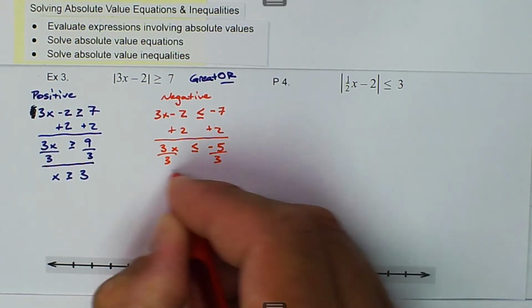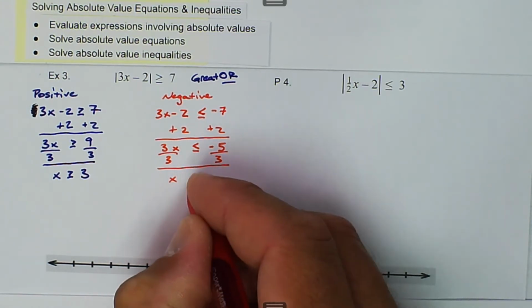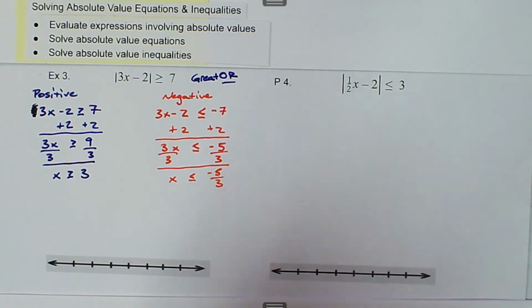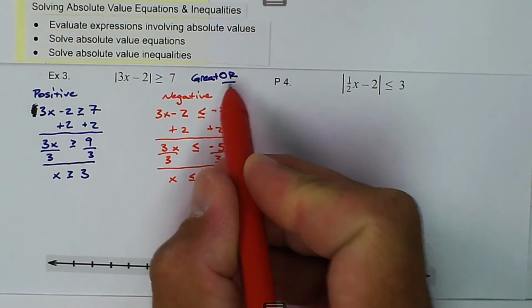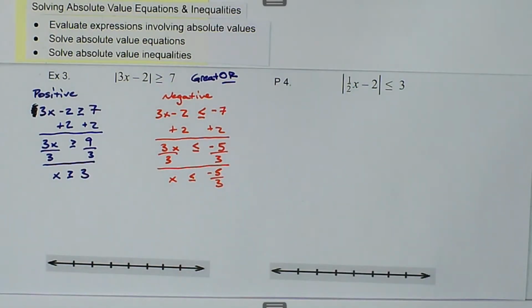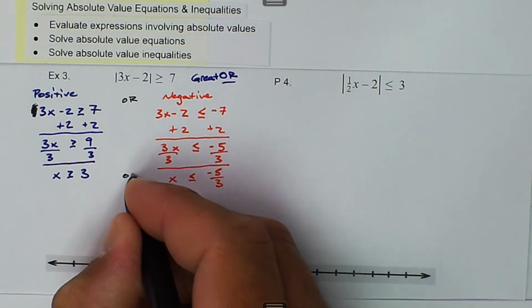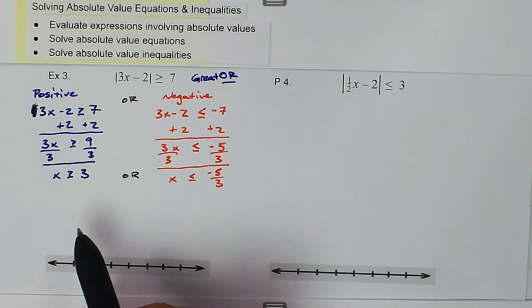Divide by 3, and then we get x is less than or equal to negative 5 over 3. So we have our two compound inequalities, and remember, this is greater than. So this is x is less than or equal to negative 5 over 3, or x is greater than or equal to 3.